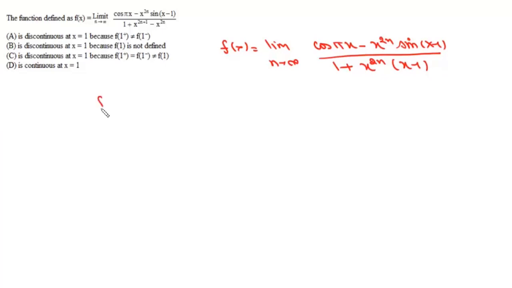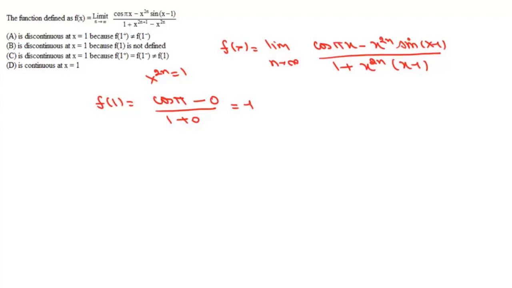Now if we find the value of f(1), if x is 1, then x to the power 2n will be 1. So in that case this value will be cos pi minus 1 times sin 0. Sin 0 is 0, and here will be this 1 plus 0. So value at x equals 1 is minus 1.